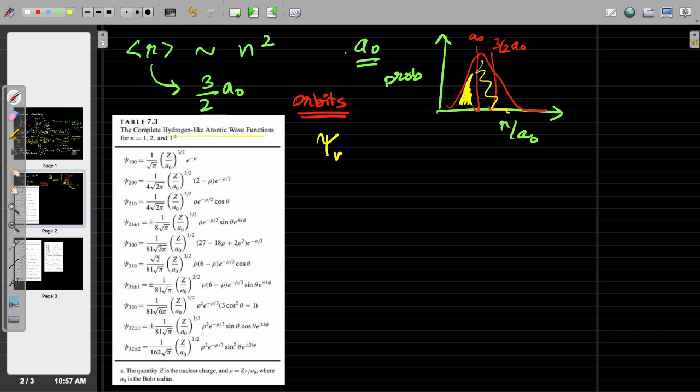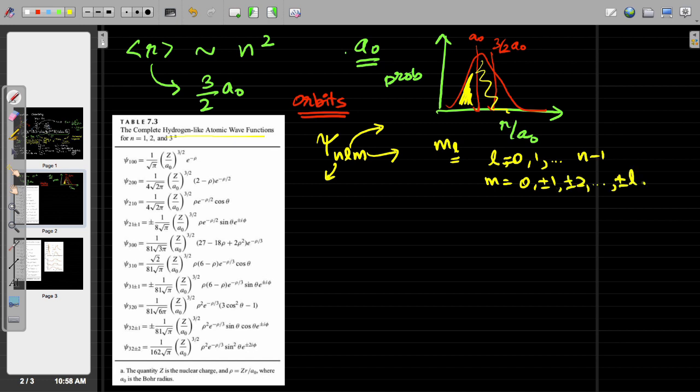Meaning that in psi n, l, m, n is the principal quantum number, l is the angular momentum quantum number, and m is the magnetic quantum number. l is also called the azimuthal quantum number, and in many places people tend to write the magnetic quantum number as m_l, indicating that the l value restricts the values of m, where l goes from 0, 1, 2 until n minus 1, and m goes between 0, plus minus 1, plus minus 2 in integer steps until plus minus l. And these are all the values that you end up seeing in this case.